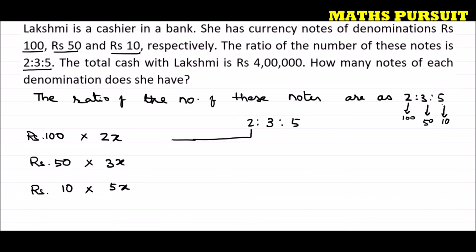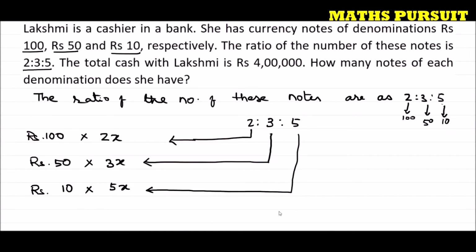From this ratio I have assumed there are 2x numbers of 100 notes, 3x numbers of 50 rupee notes and 5x numbers of rupees 10 notes. Hope guys I'm very clear till here.